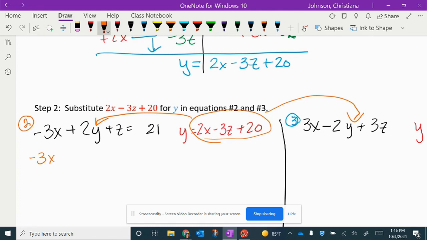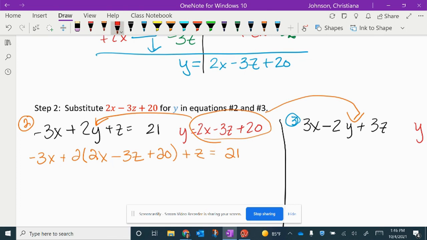So negative 3x plus 2 times, we'll put in the 2x minus 3z plus 20, where y was, but then we're not losing any of the original equation outside of that. So all of the other components have to come down.